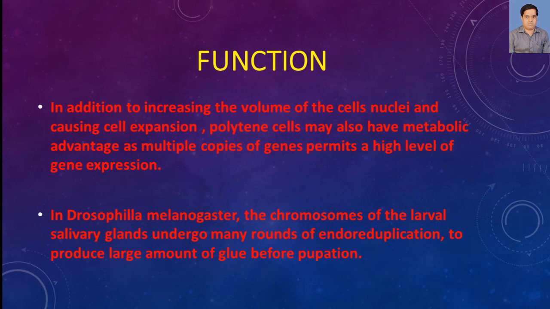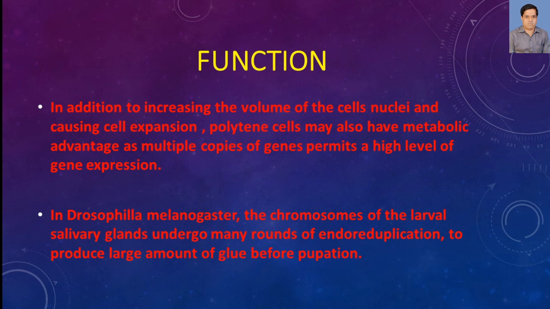And the second function, in the case of Drosophila melanogaster, is that the chromosomes of the larval salivary gland undergo many rounds of endoreduplication to produce a large amount of glue before pupation.